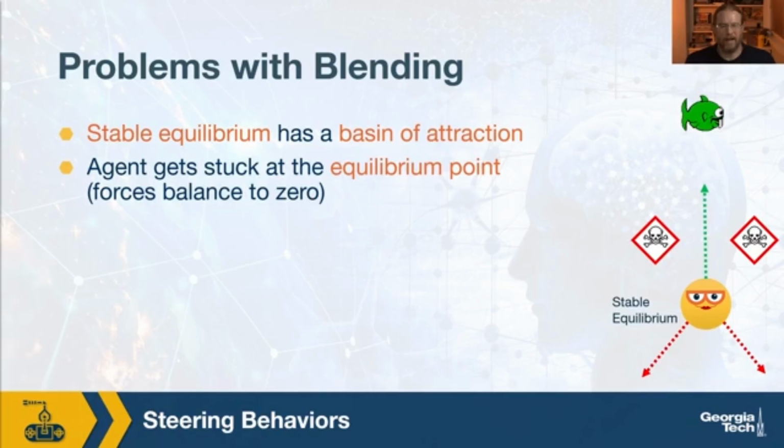But we still have that attractive force for the goal. And so somewhere along that line, the forces would balance out to zero. So the agent can just get stuck there at that equilibrium point indefinitely, with the forces all balanced out to zero.